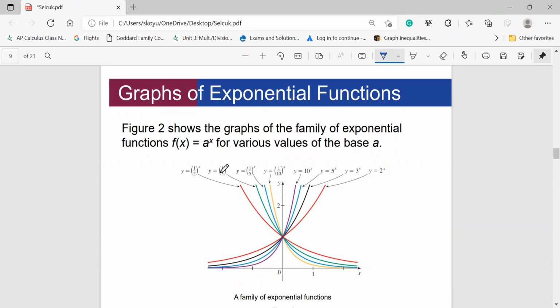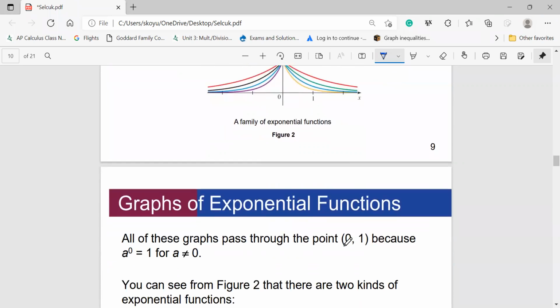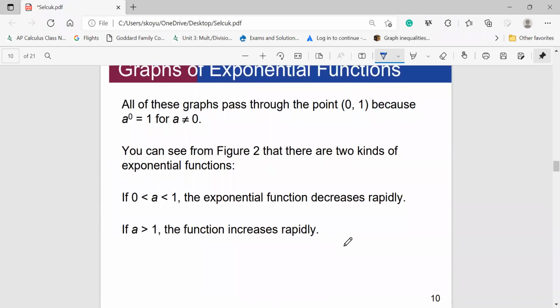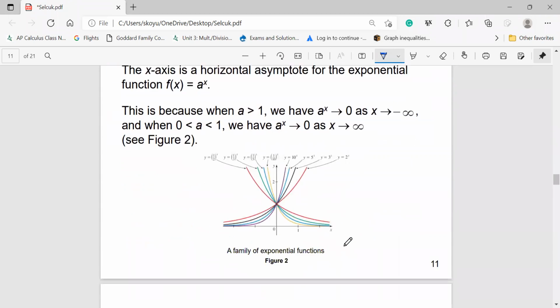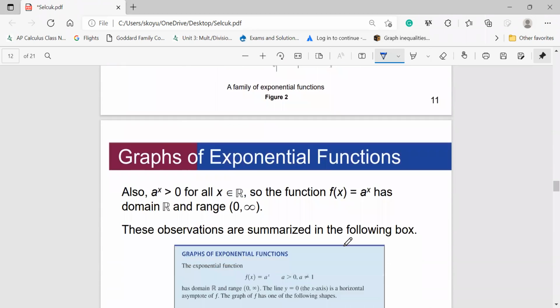If the base is getting smaller, then it's going to be compressed, right? And you can easily look at the different types of graphs and be able to tell the difference. And that's all listed over here in this definition.